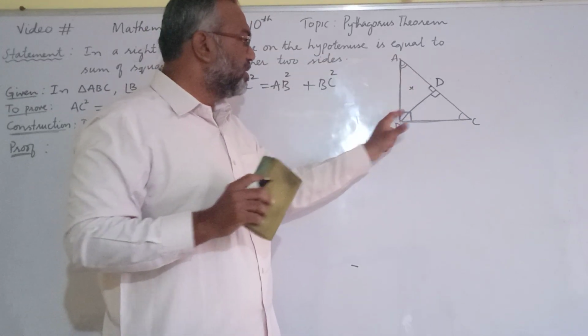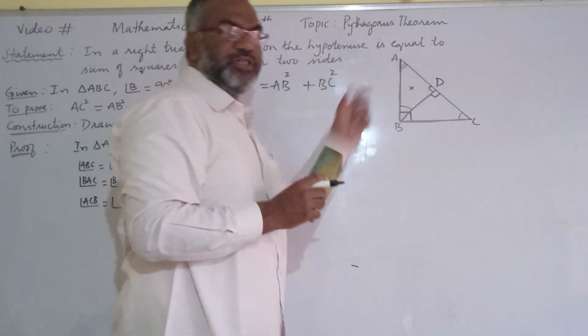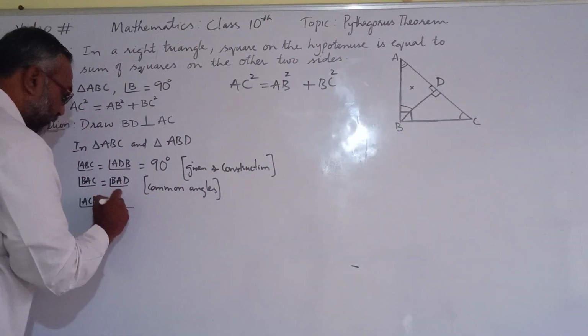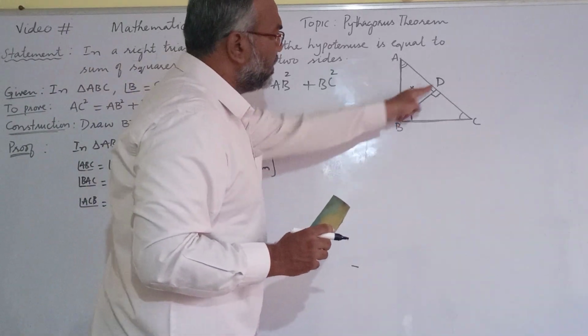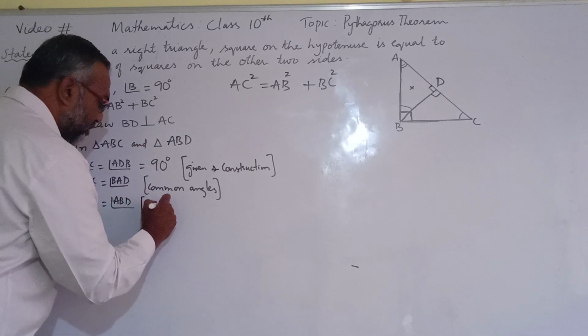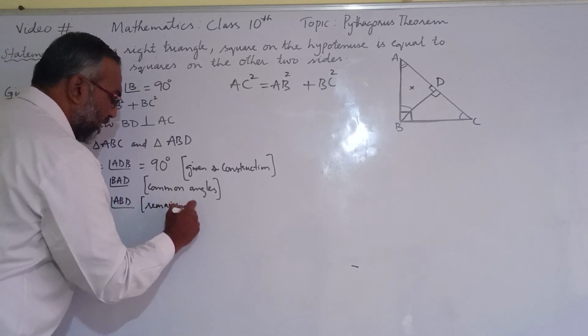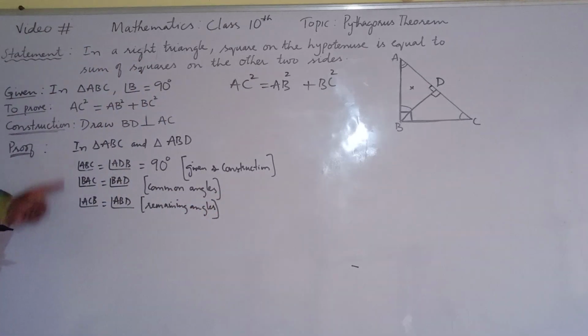So B is remaining, that means angle ABD is remaining. So ACB is equal to ABD, small triangle. They are also equal because they are remaining angles. Now all three are equal.